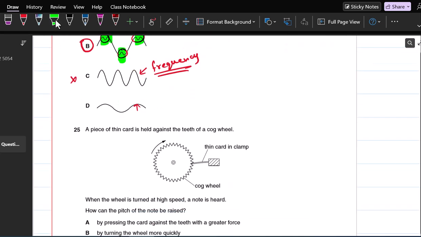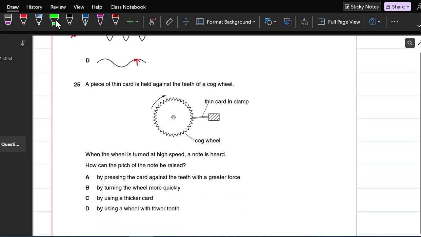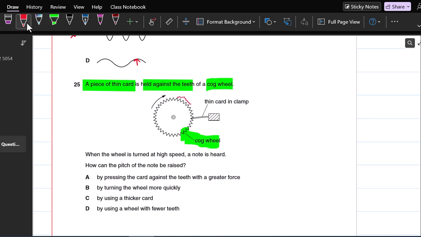So moving to the next question, 25. A piece of thin card is held against the teeth of a cog wheel. So here we have a cog wheel and these are the teeth. When the wheel is turned at high speed, a note is heard. How can the pitch of the note be raised?